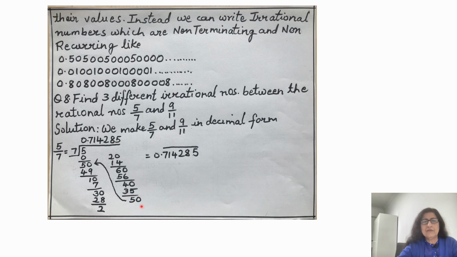Here we observe that we have got 5 remainder over here, which has reoccurred after 5 remainder, which was in the second step also. So we get the quotient 0.714285. After 5, these numbers repeat again, 714285. So we put a bar on top.